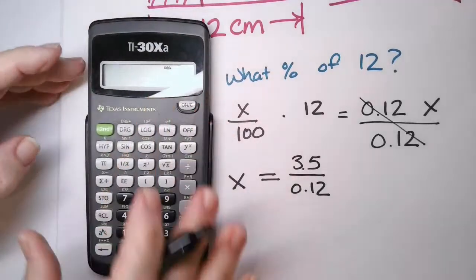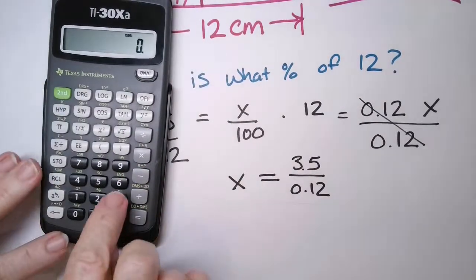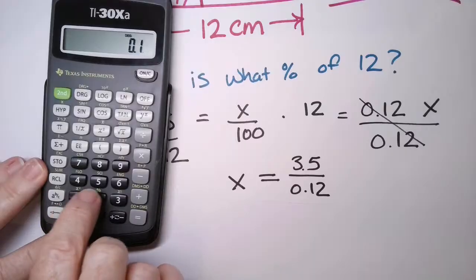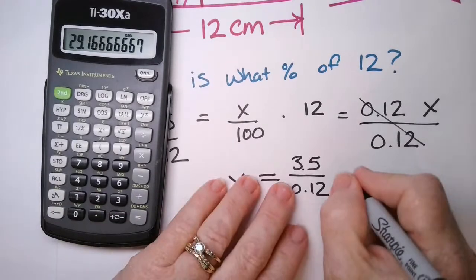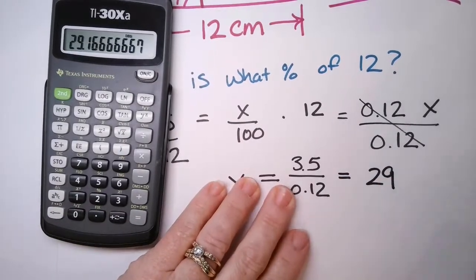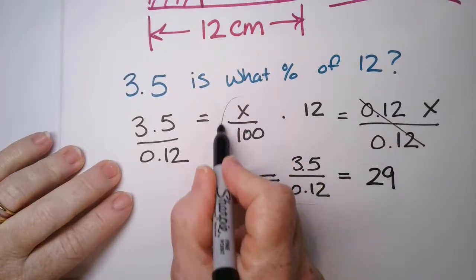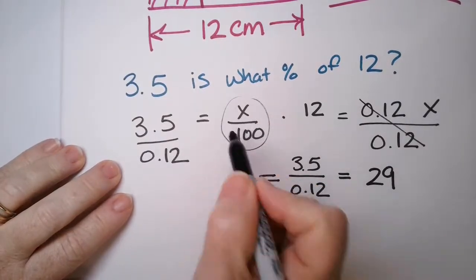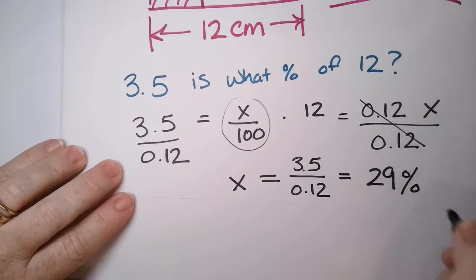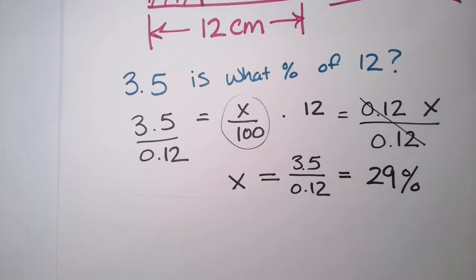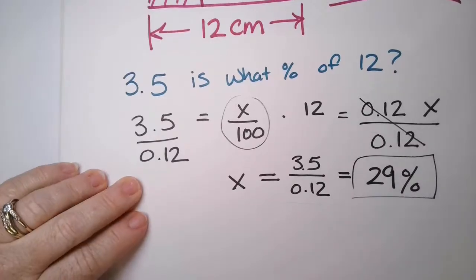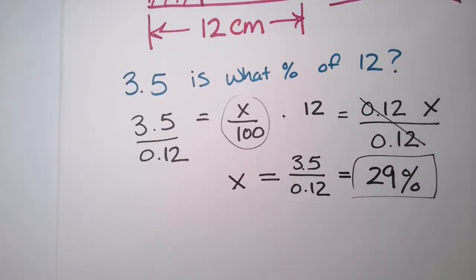Grab your handy dandy calculator. I have 3.5 divided by 0.12. Now, do I need to multiply by 100 to get a percent, or is that already built in? It's built in because we wrote this as a fraction. If we had just written x, then you'd have to multiply by 100 here. Okay, so you ate about 29%, or you spent about 29% of your resources.